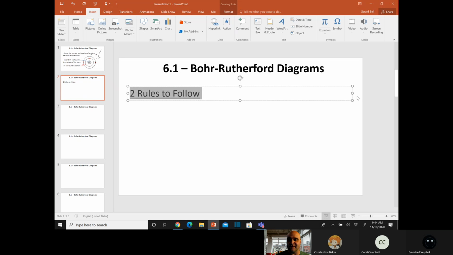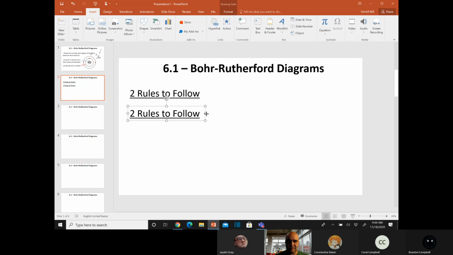That'll be good enough. Okay, so our first rule here says we can have up to 2 E's in the first shell.